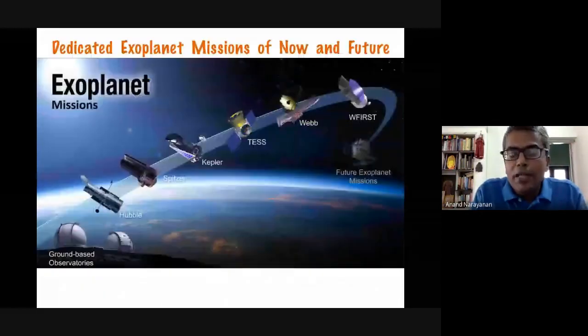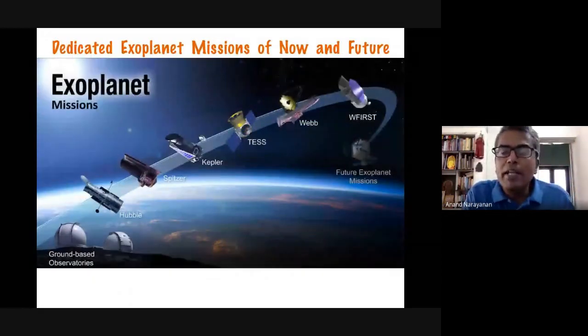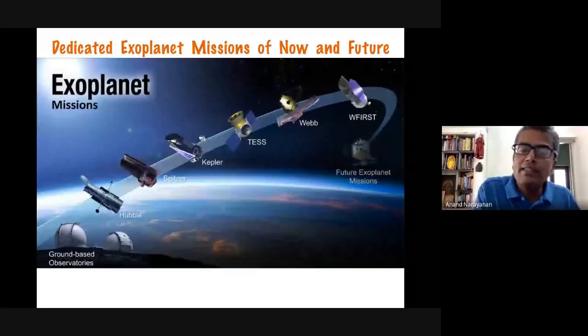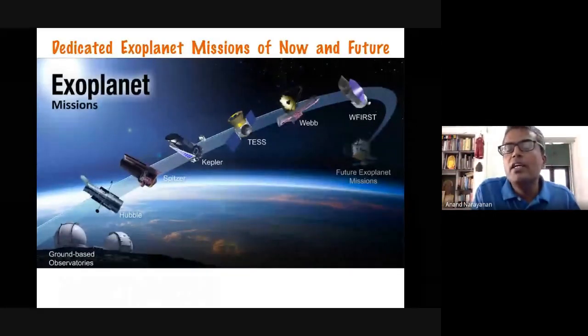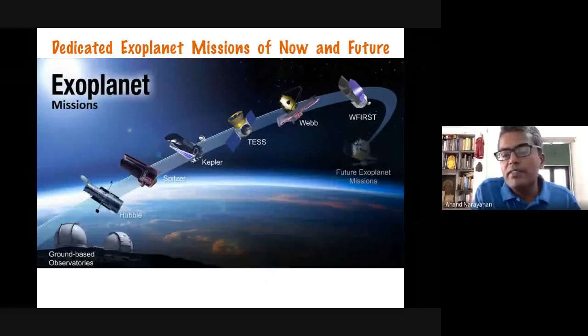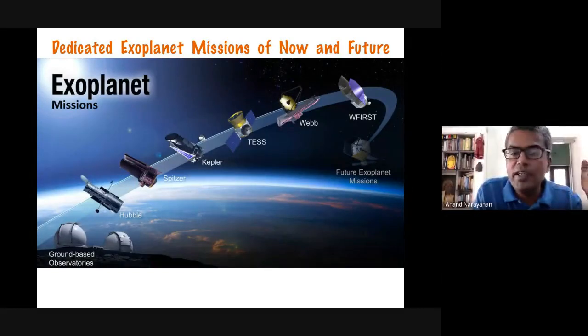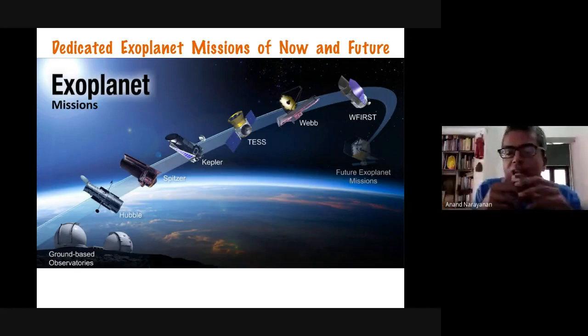The Kepler mission is officially over, but there are many other missions that are planned and some missions which are already up there. TESS is a mission that was launched a year ago. TESS is already up in the sky above Earth's atmosphere, trying to detect more extrasolar planets using this transit method.